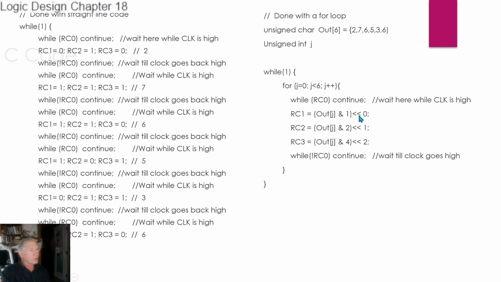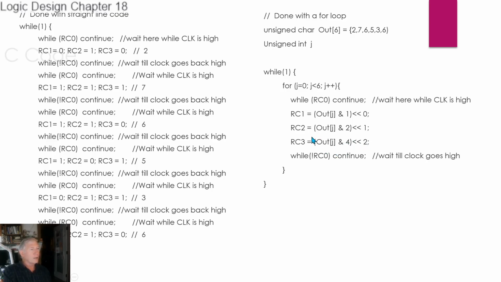So RC1 would be the low order bit, because we take this and shift it 0 bits to the left. Here we shift it 1 bit to the left, and then we select the low order bit by ANDing it with 1. Here we AND it with 2, so we select the second bit, and then we shift that second bit 1 bit to the left. And here we select the third bit, and we shift that 2 places to the left.